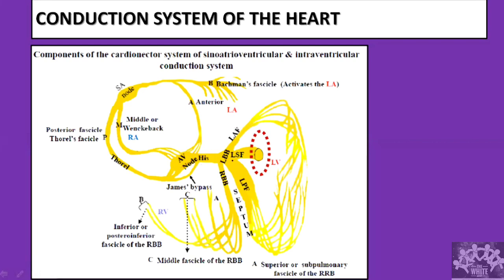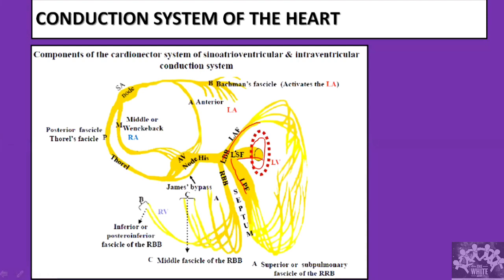And very important, this is a recent theory. The left bundle is going to divide into a left anterior fascicle and a left posterior fascicle. This everyone knows. There's a new proposal, which is called the left septal fascicle. It is not just a theory; the existence of a left septal fascicle has been documented in autopsy studies.